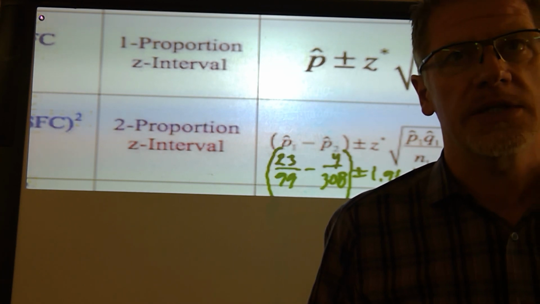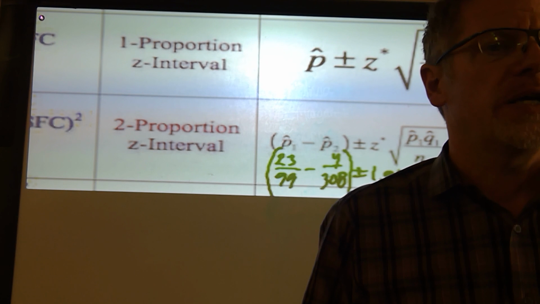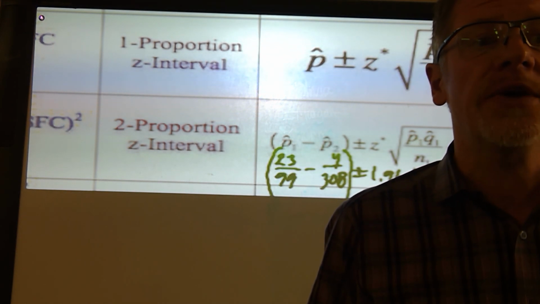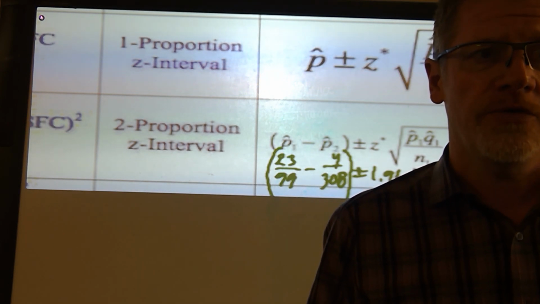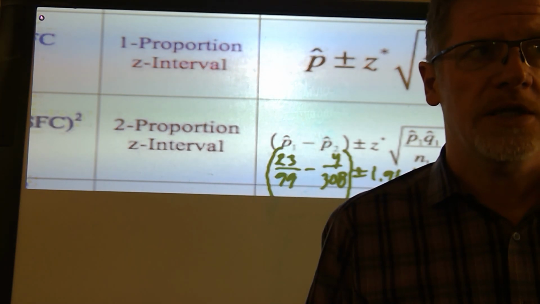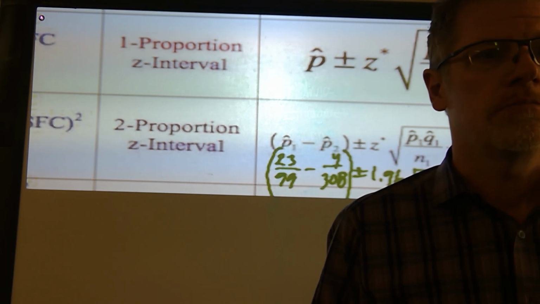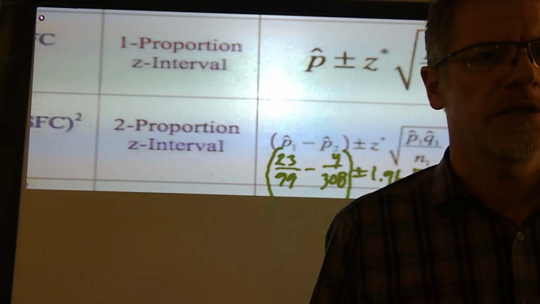We're going to be able to say things like, based on these 2 samples, we are 95% confident that the difference in the proportions of American citizens and Mexican citizens who want Donald Trump to be reelected is between blank percent and blank percent. It looked like it was about 9% and 30%.